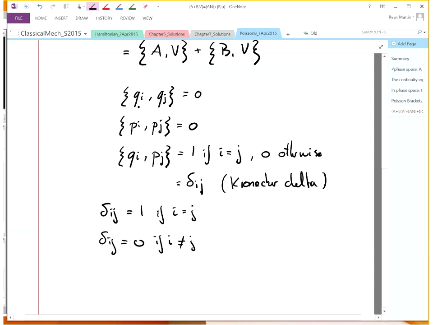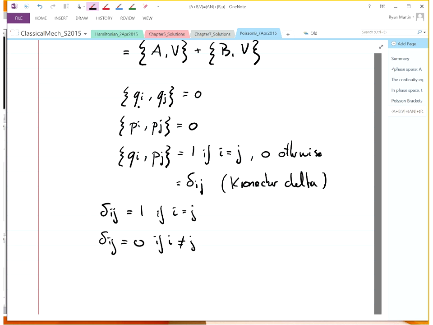So in quantum mechanics, it's not the coordinates and the momenta, it's the position operators and the momentum operators. In classical mechanics, you have Poisson brackets of functions of the canonical variables, whereas in quantum mechanics, you have commutators of the corresponding operators. Okay?